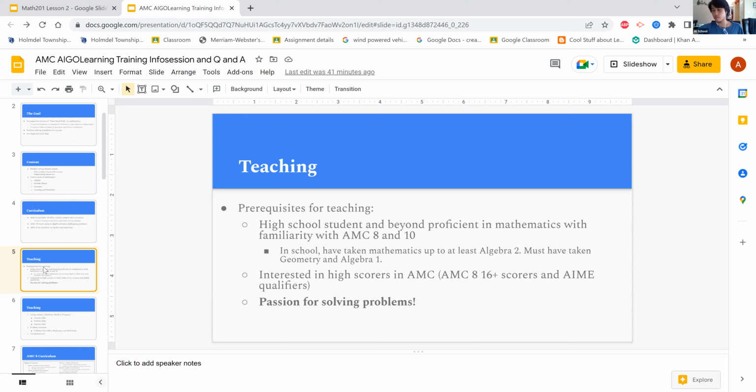Obviously, there will be some evaluations later on your actual capabilities of teaching, but these are just some of the general prerequisites and recommendations for teaching. So the key thing is you need a familiarity with AMC 8 and AMC 10, and you need a willingness and passion to actually do it.